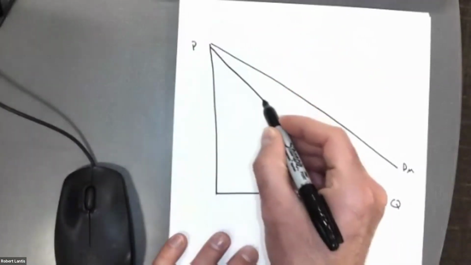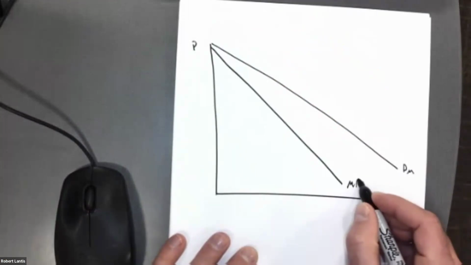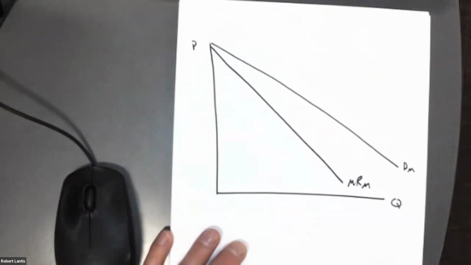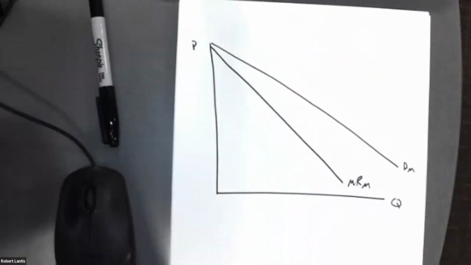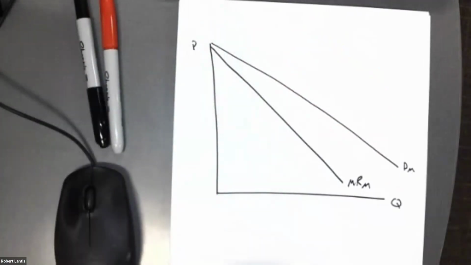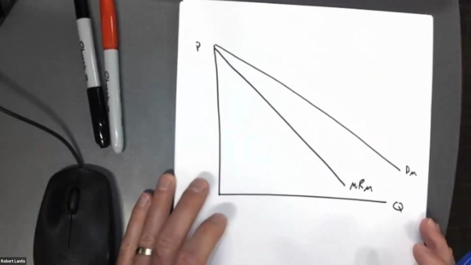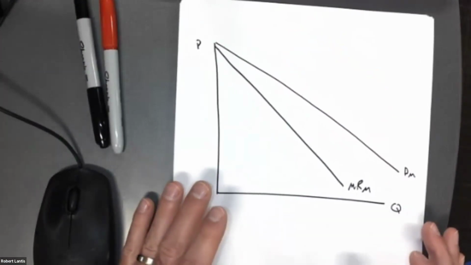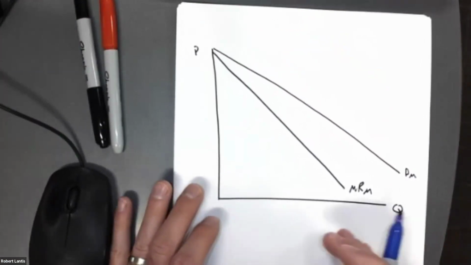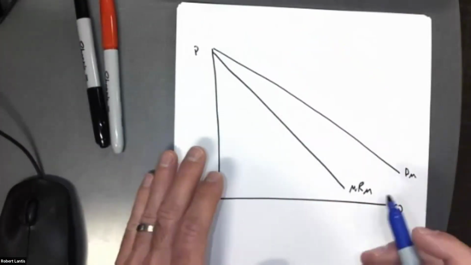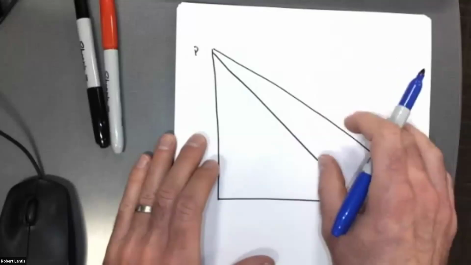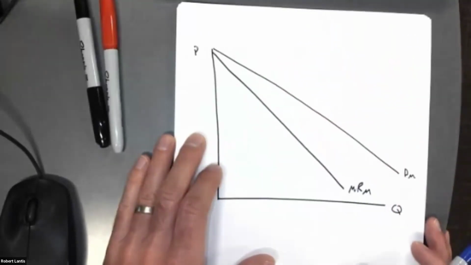And then their marginal revenue curve would be twice as steep. I'll draw it in a different color here. So for the monopolistically competitive market, we can think about Chipotle and Qdoba, and let's just say those were the only two sellers. So let's say we have more than two, but just to get this idea down, they're only going to have a portion of the overall market demand, right?